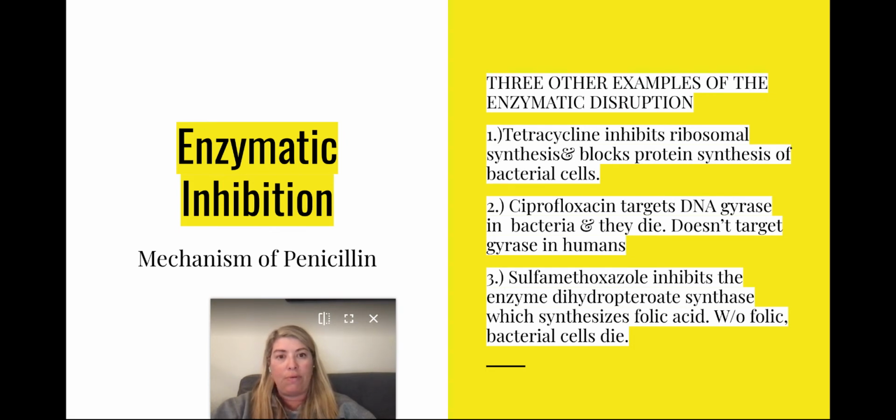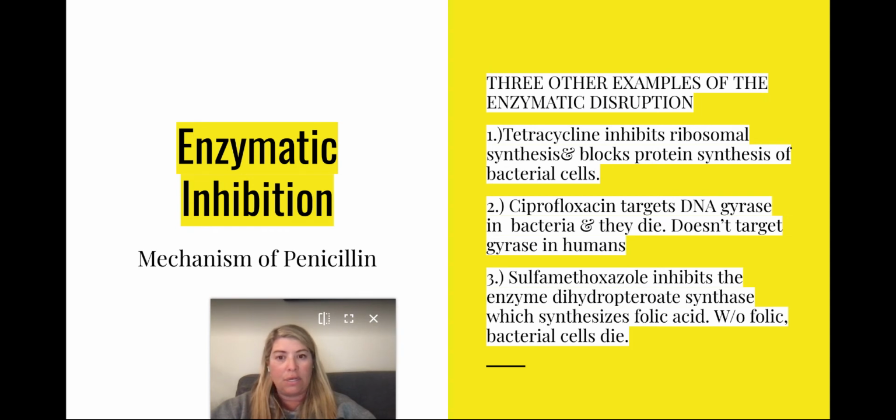If you look at ciprofloxacin, or Cipro, as it's often called, its specific target is the DNA gyrase. It doesn't target human gyrase in human DNA, but it does target the gyrase in the bacterial DNA.